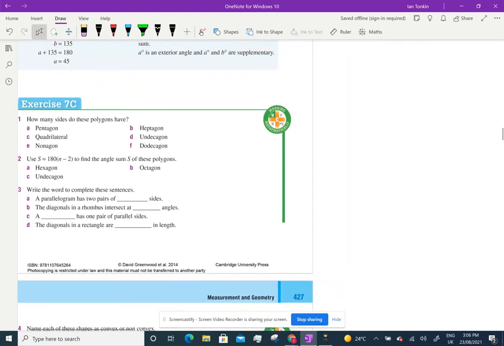So I'll take the octagon. So the octagon, angle sum, 2B.